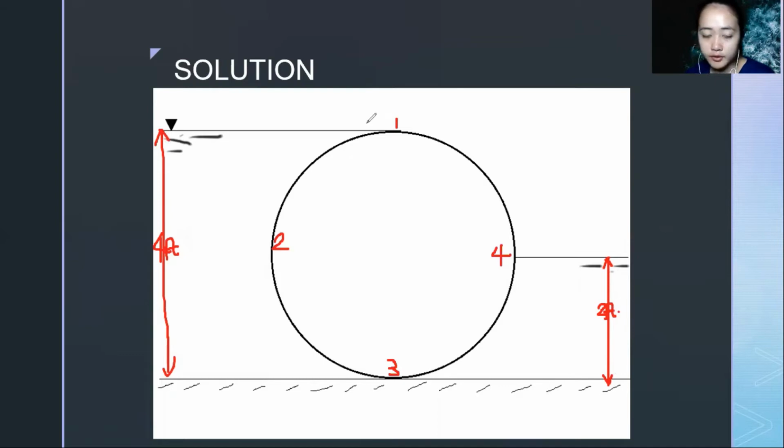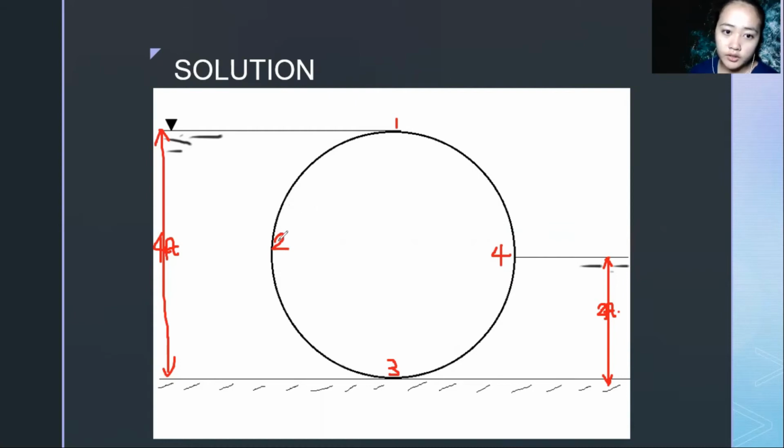So first step is we're going to find the horizontal forces acting on this curved surface. Remember that in getting the horizontal forces, we need to project the curved surface onto a vertical plane.